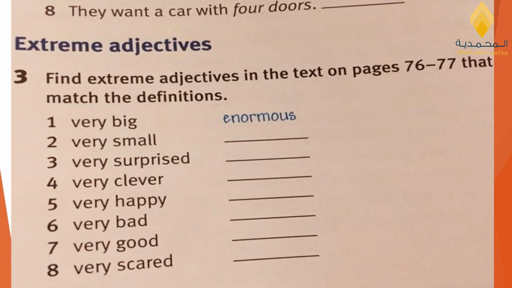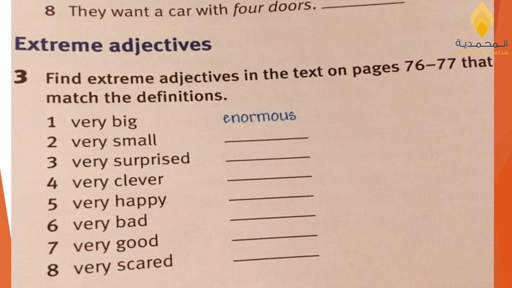tiny. Yes, it was mentioned when we talked about the tiny village in northern Germany from where Sven comes. 3. Very surprised. It means astonished. It is when Sven's school teachers were astonished that he created the virus. Very clever.